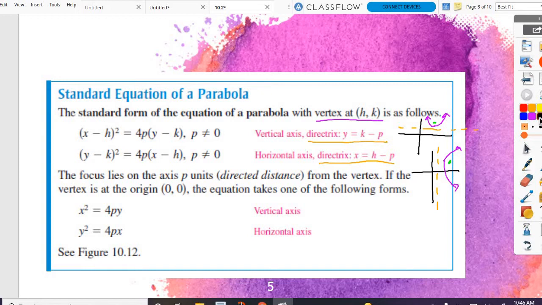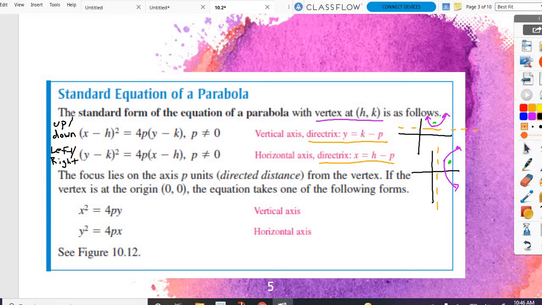What does the left side have that the right side does not? It's squared. So, if your x is what's being squared, that means that it's going to be up or down, just like we've dealt with in the past. But now, if your y is what's being squared, that's what tells us that it's going to open left or right instead.